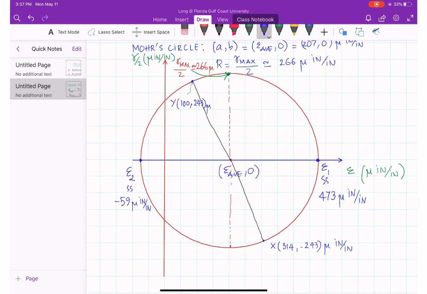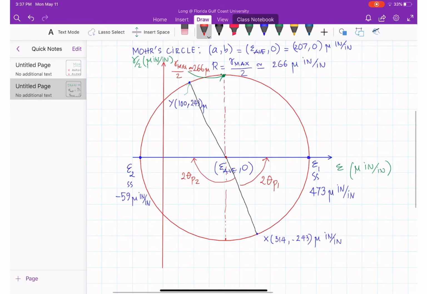With the XY planes, we can define, for example, this angle from the positive X plane to epsilon 1 on the horizontal, which is 2 theta p1, and from the positive X to here we have 2 theta p2.